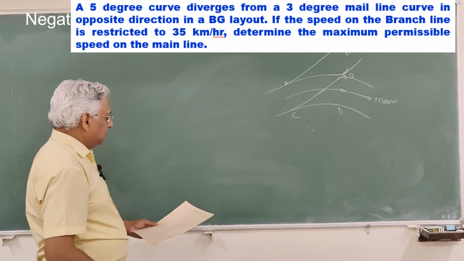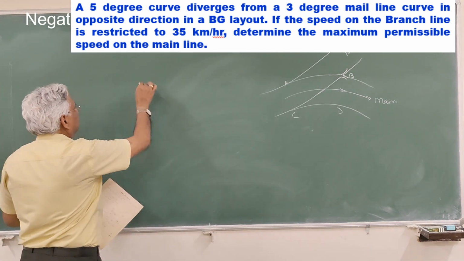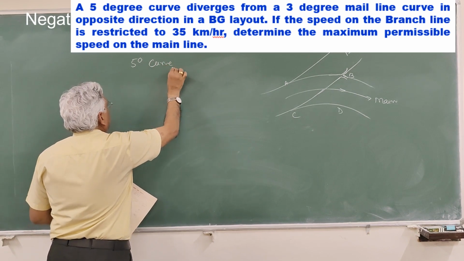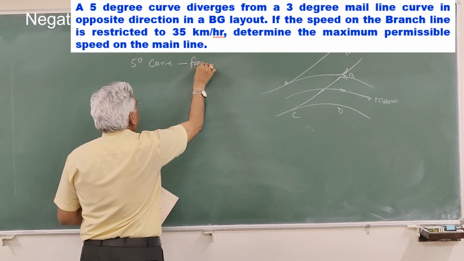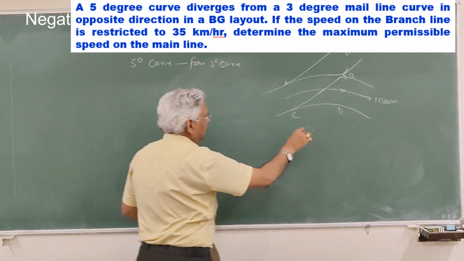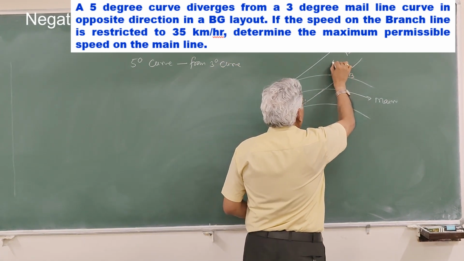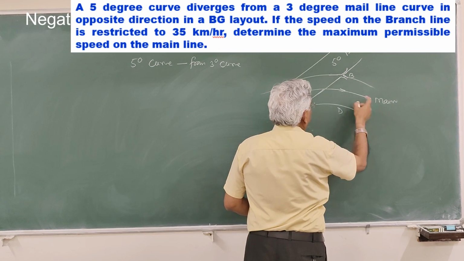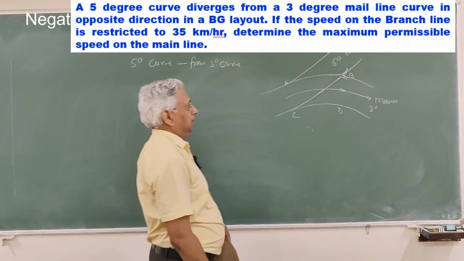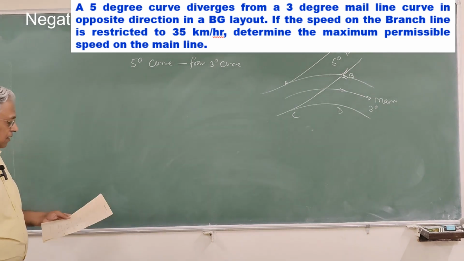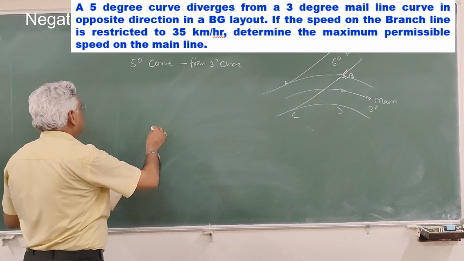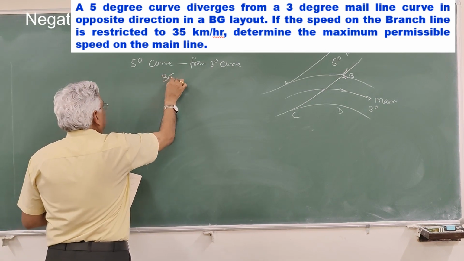A 5-degree curve diverges from a 3-degree curve. So the branch line is on 5 degree and it is coming out from a 3 degree main line curve in reverse direction in a BG layout, broad gauge layout.